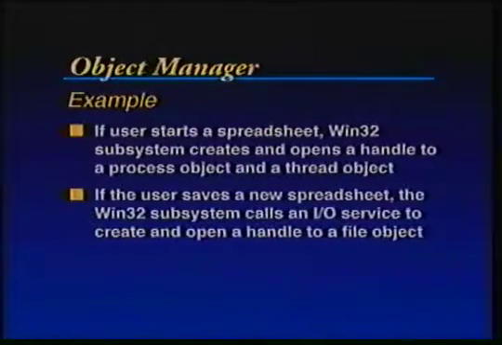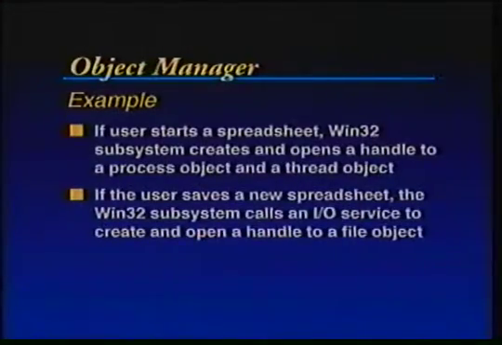So a system service call called CreateProcess will be called by the application or by the operating system. The process manager, which we'll get to in a second, will then send a signal to the object manager saying, create me a process object. And then the object manager will pass a handle to that process object, or an identifier, back to the process manager.